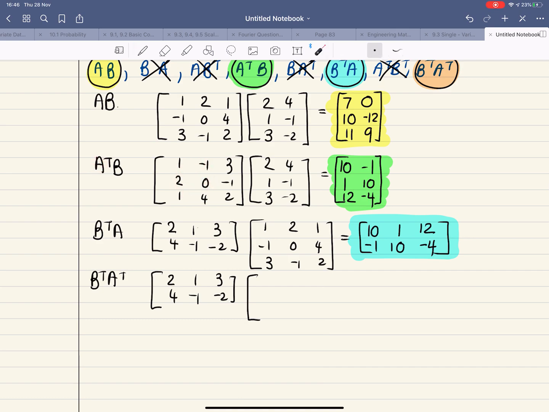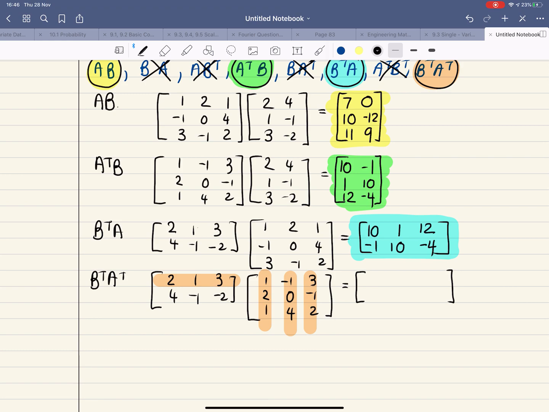So I'm going to copy that one in there. 1, 2, 1, minus 1, 0, 4, 3, minus 1, 2. And the answer is the rows from the first one, so it's 2, and the columns from the second one, so it's 3. First row.